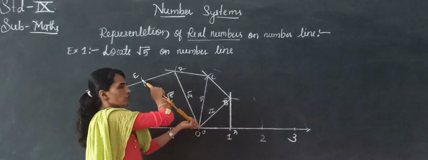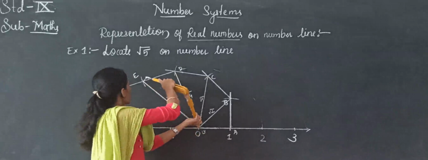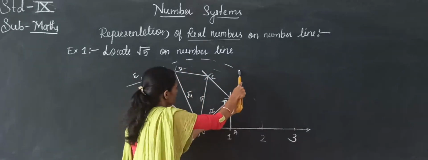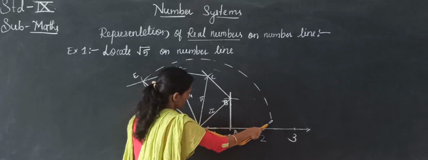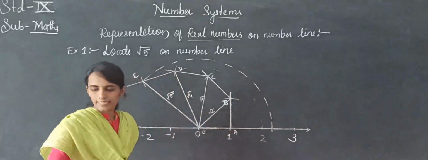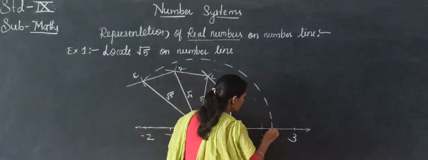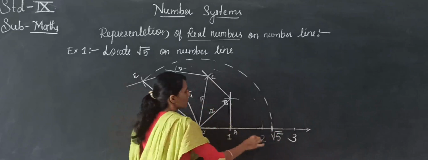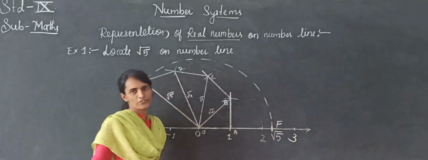O to E. Okay, we got that. From there you have to draw an arc here. Where it meets the number line, that is the root 5. Here, where you got E, you can give the name F.